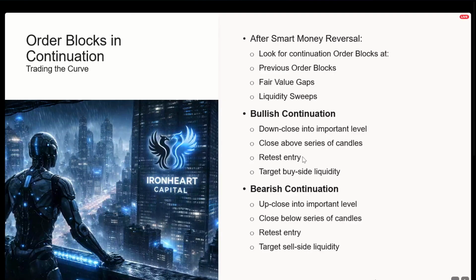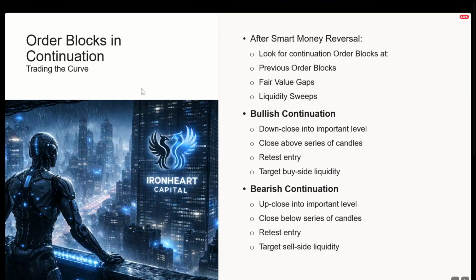You wait for price to retest that order block and give you entry, right? And then you would target opposing side liquidity after the model flip. If you're in a sell model, major liquidity sweep, you get your bullish change in the state of delivery, it comes back to test that order block, you have a clearly defined stop loss at that protected low, you target buy side liquidity.